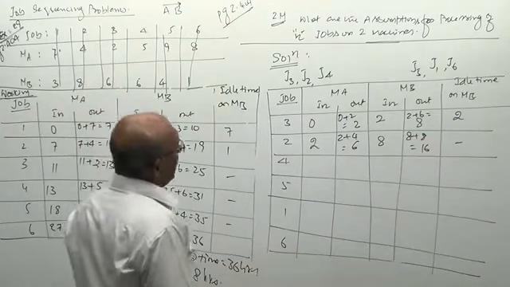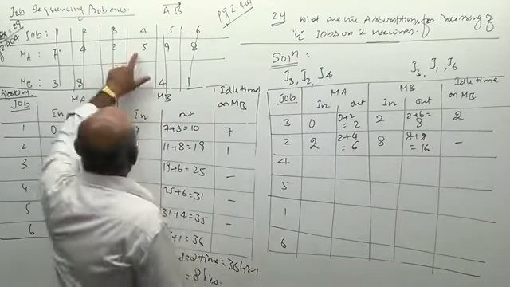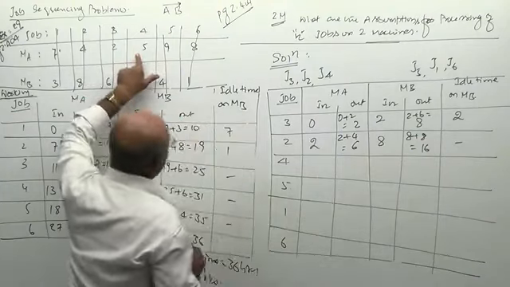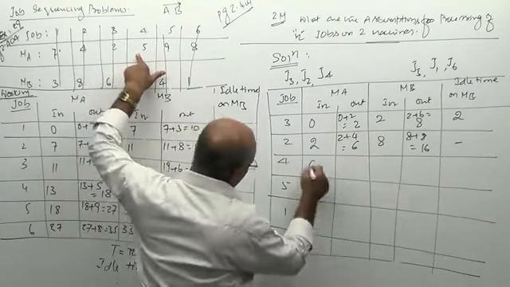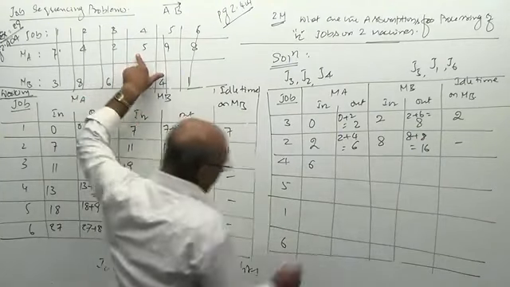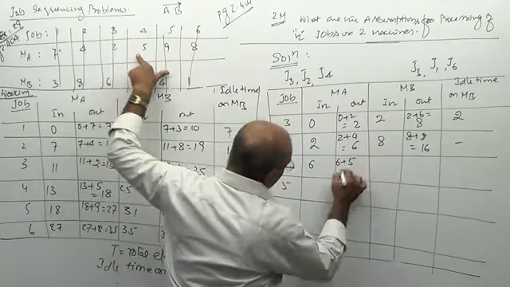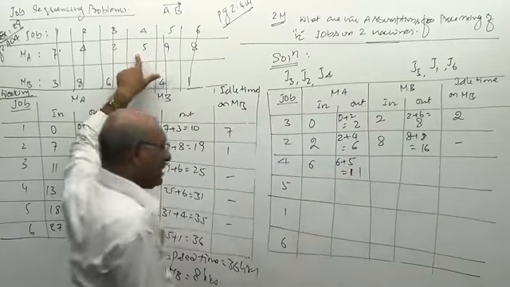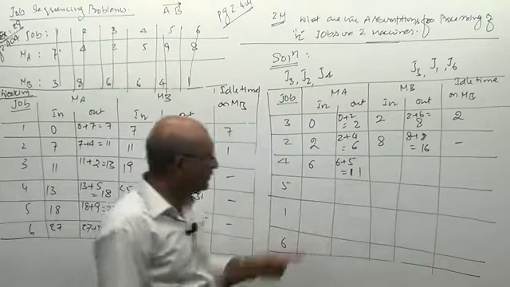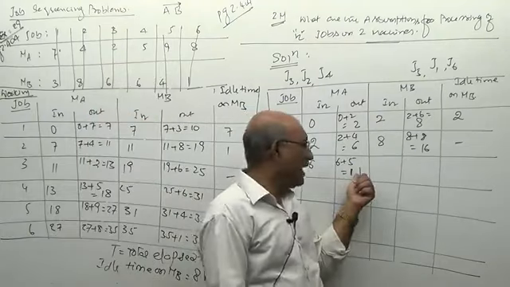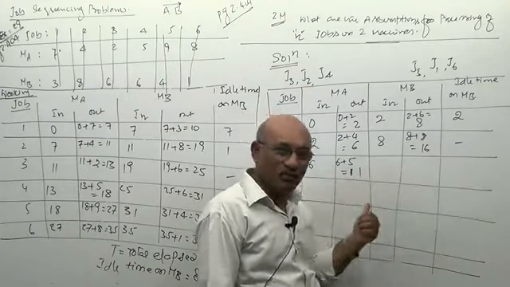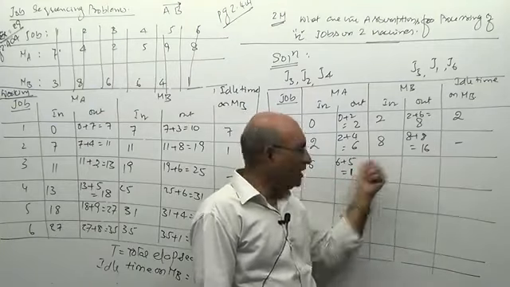Next, who is entering into machine A? Job 4. How many hours will it take? 5 hours. At what time can this job enter? End of the 6th hour. So at what time is it coming out from machine A? End of the 11th hour. Now, can I transfer this job from machine A to machine B?